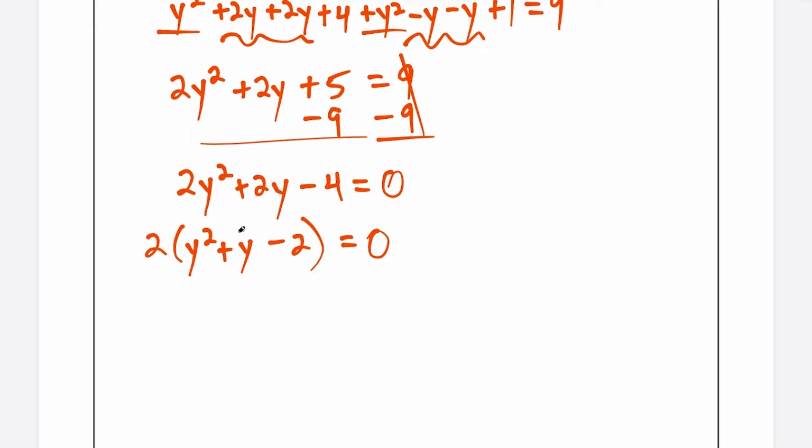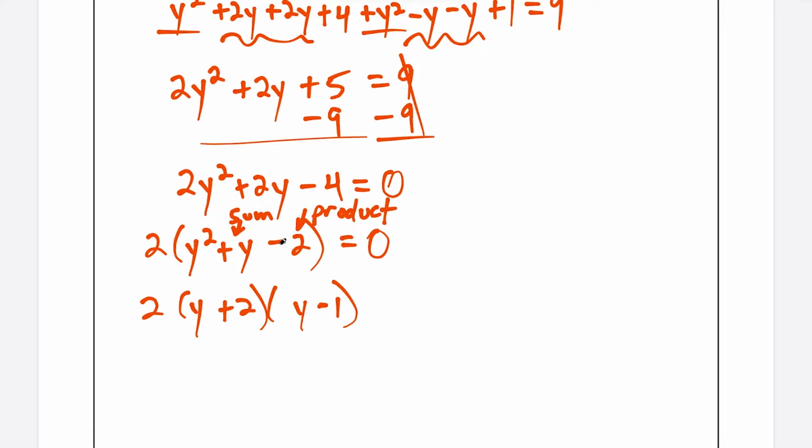Now we have to think of two numbers that have a sum of 1 and a product of negative 2. The two numbers that work here are y plus 2 and y minus 1, because 2 plus negative 1 is 1, and 2 times negative 1 is negative 2, and this is all equal to 0.